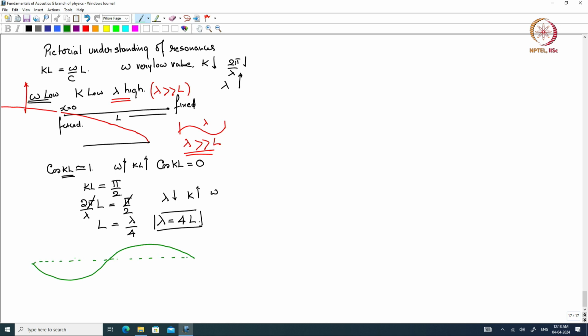This is the full lambda, one full wavelength, and it is 4 times the length of the string.